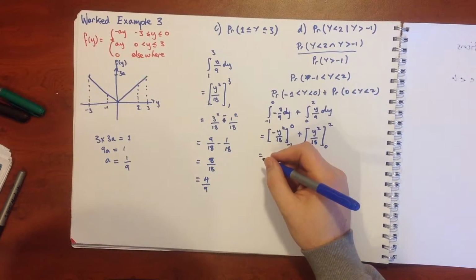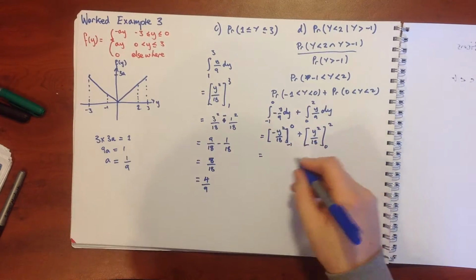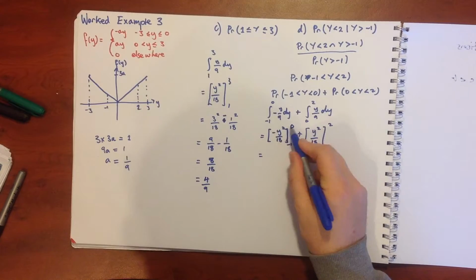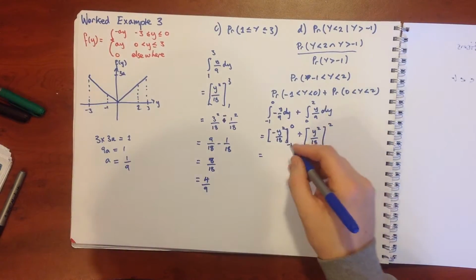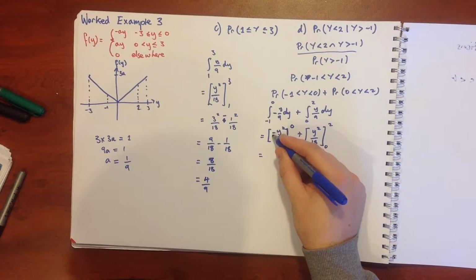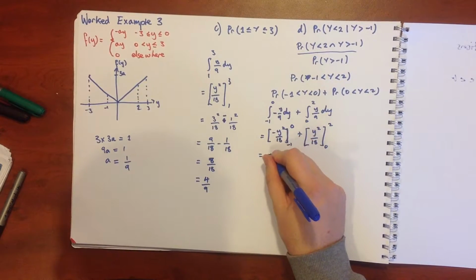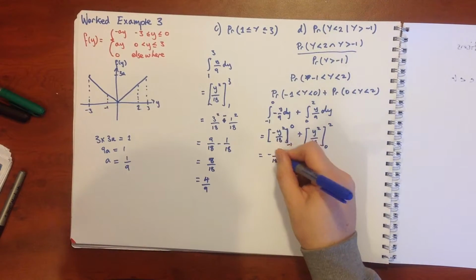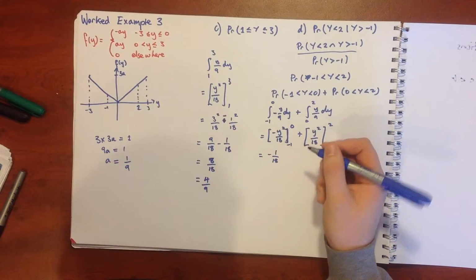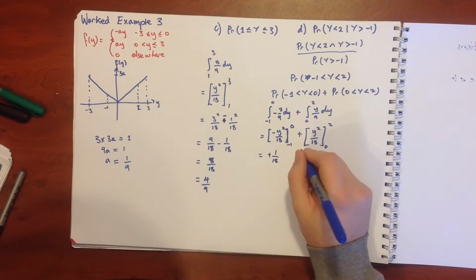When we do that, we're going to get 0 for the first part, and then -1 squared, and then it'll be negative, so it'll be -1 on 18. No, sorry, it'll be +1 on 18, sorry.